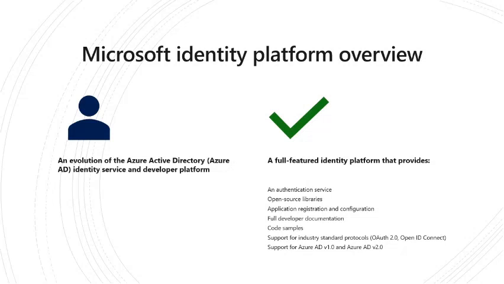Your customers who bring their own email or social identity such as LinkedIn, Facebook, Google via Azure AD B2C offering. So you are fully covered with Microsoft Identity Platform. And it's an evolution of the Azure Active Directory, a full-featured identity platform that provides an authentication service, open source libraries, application registration and configuration, full developer documentation, code samples, all that you can find easily.